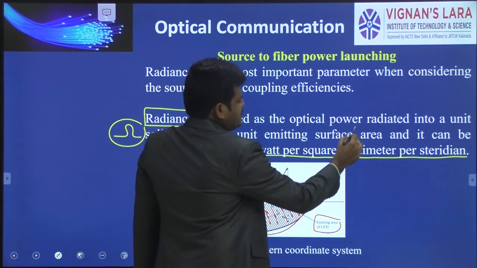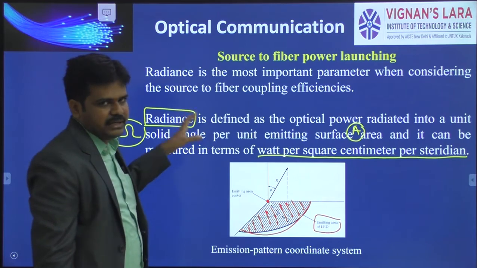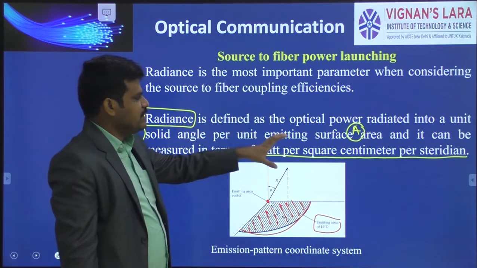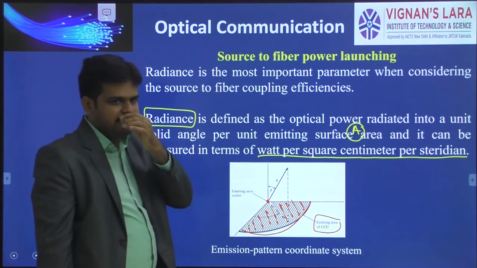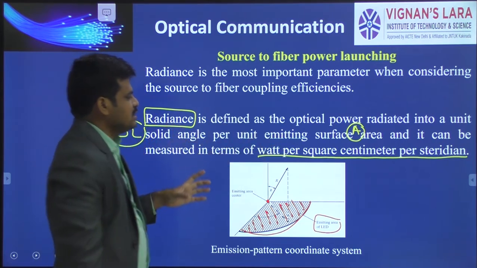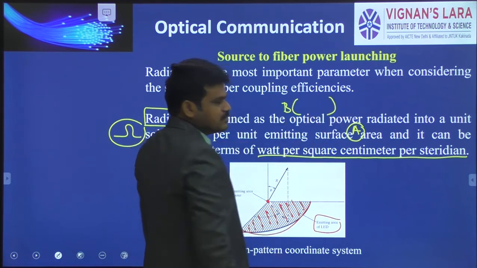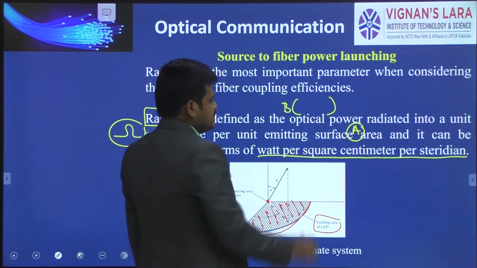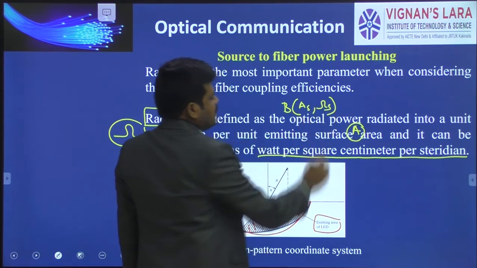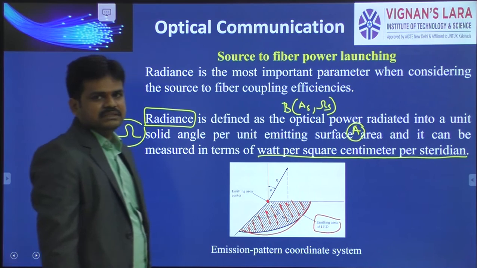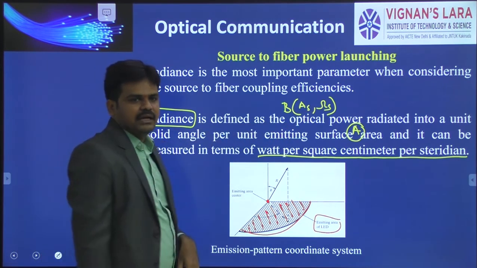Emitting surface area means say A. That is the reason brightness is always expressed in terms of A and sigma, that is emitting area and unit solid angle.